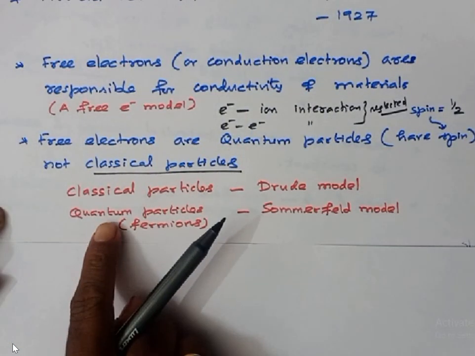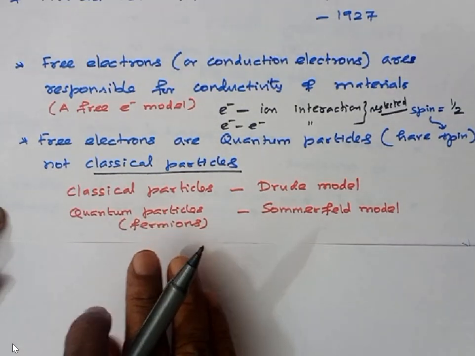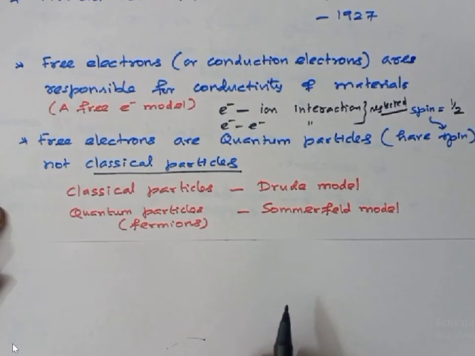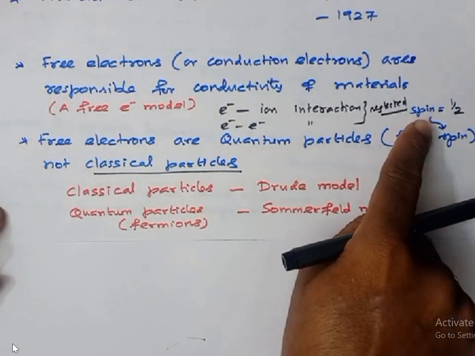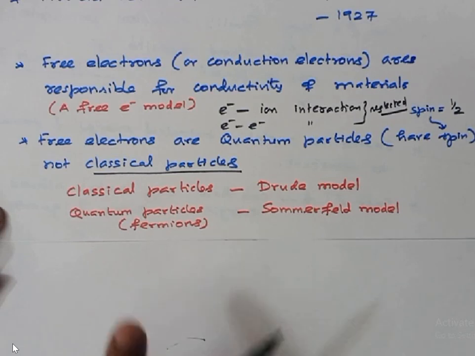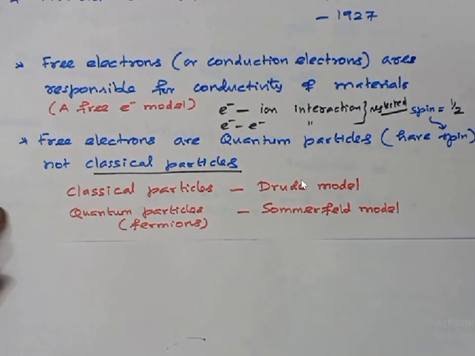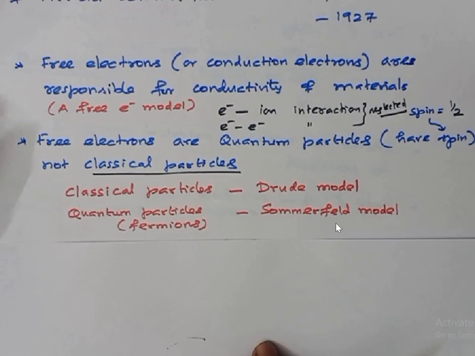If you take the free electrons as quantum particles, yes, they are, because they have spin, and since they have half-integer spin, they are called fermions. For quantum particles, we use the Sommerfeld model. So remember: classical particle, Drude model; quantum particle, Sommerfeld model. Clear?